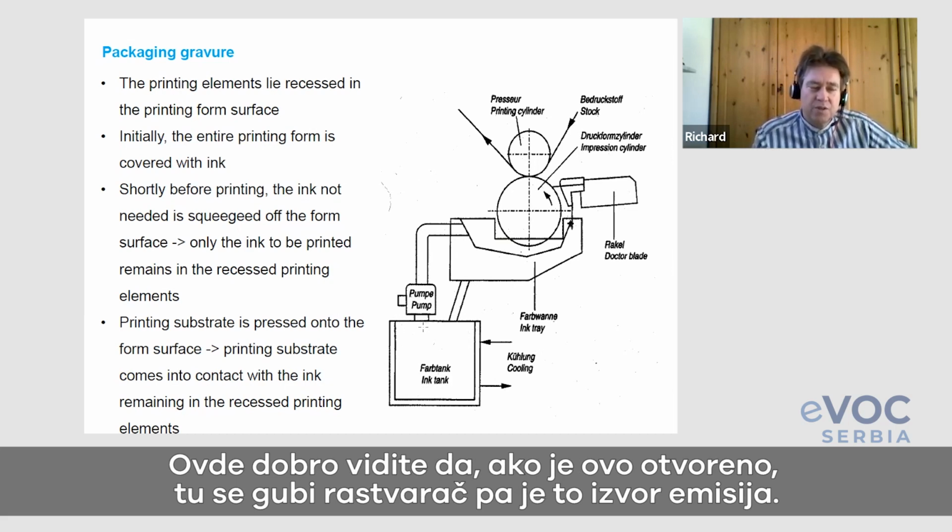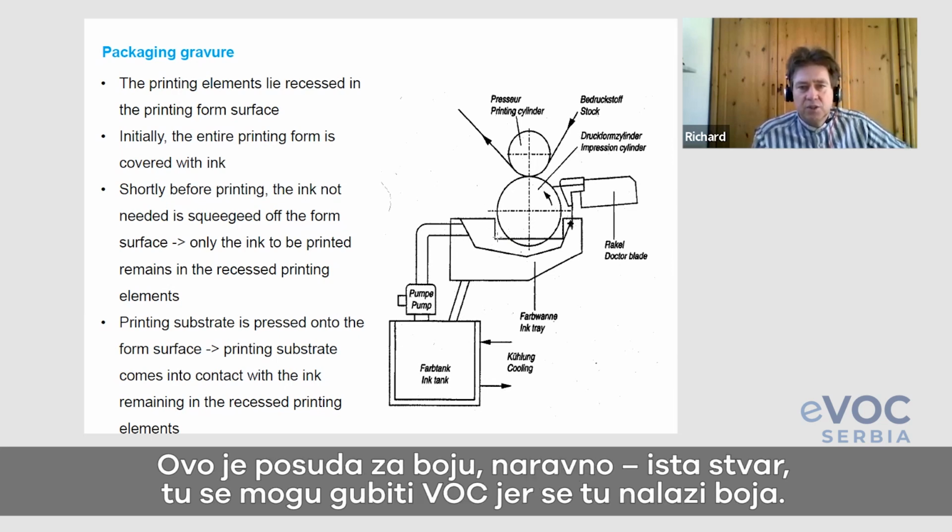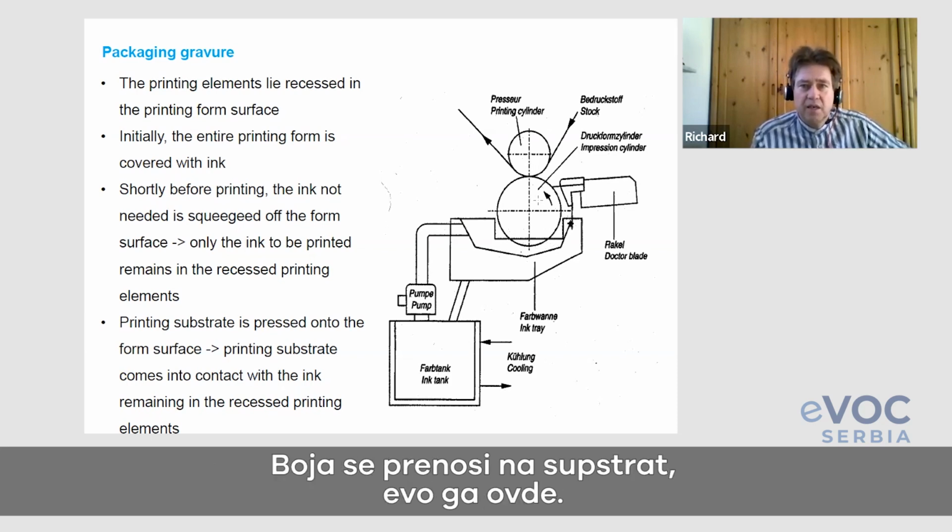So that is a source for fugitive emissions. Here in that ink tray, of course, it's the same. You can have here losses of VOCs because you have the ink here, and here you transfer the ink to this substrate.